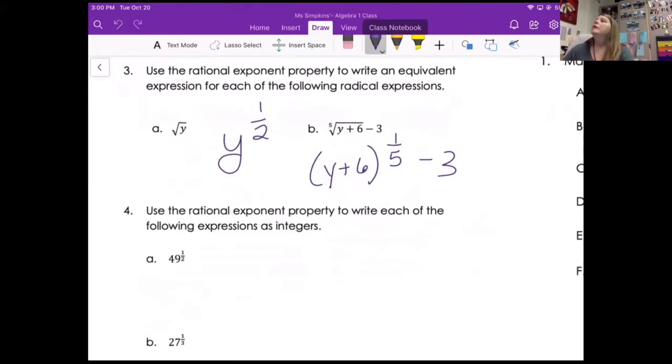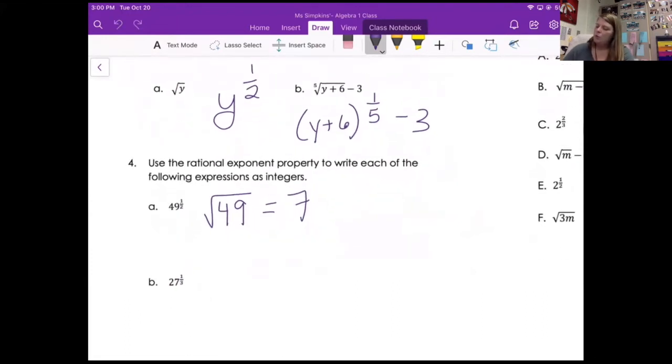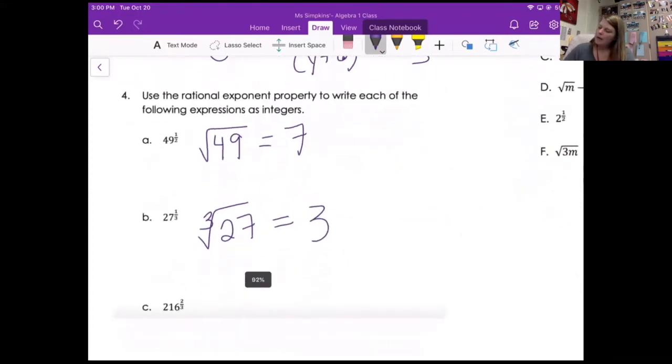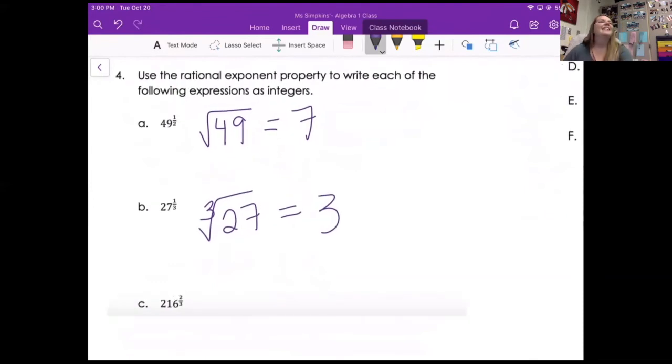Letter A, 49 to the 1/2 is the same thing as the square root of 49, which is a perfect square. It's 7. 27 to the 1/3 power is the 3rd root of 27, which, what number times itself 3 times gives you 27? 3.